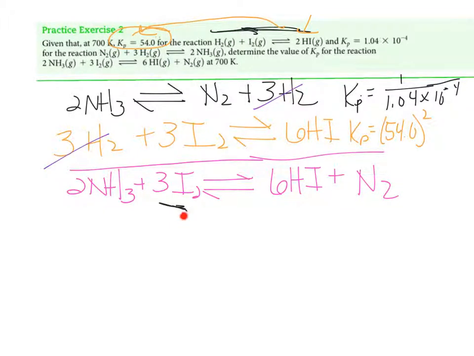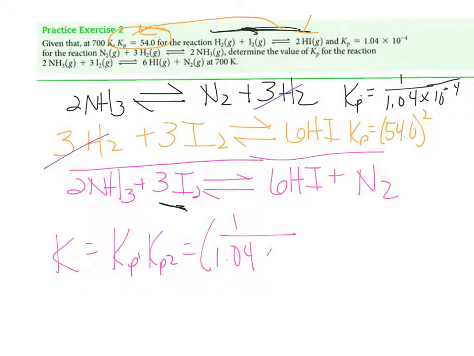Good, so it adds. So if I want the K for this reaction, I need to multiply my Kp1 and my Kp2, which is 1 over 1.04 times 10 to the minus 4 times 54.0 to the second power. And you can do the math there.